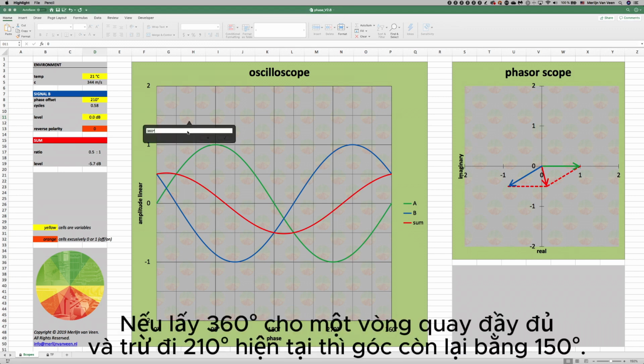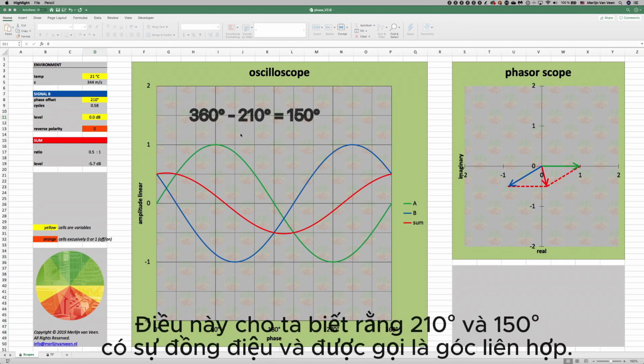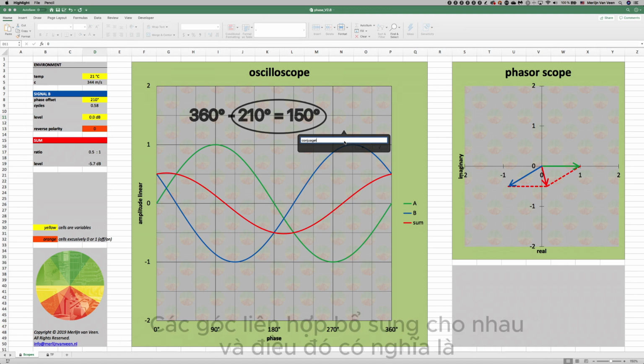Notice that if we take 360 degrees for a full revolution and we subtract the current 210 degrees, we're left over with 150 degrees. And that tells us that 210 and 150 degrees are so-called conjugate angles. Conjugate angles.